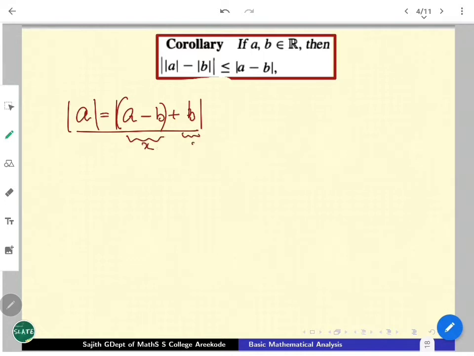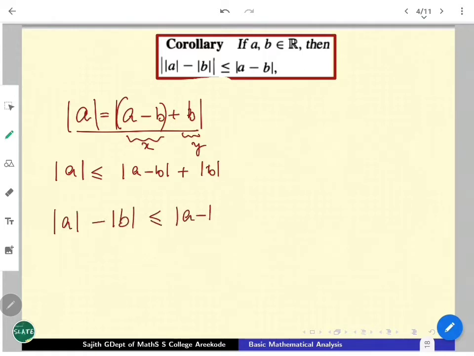This is my x and this is my y. So mod a in this fashion, I'm going to get mod a minus b plus mod b here. One more step will give me mod a minus mod b, which is going to be at most mod a minus b.